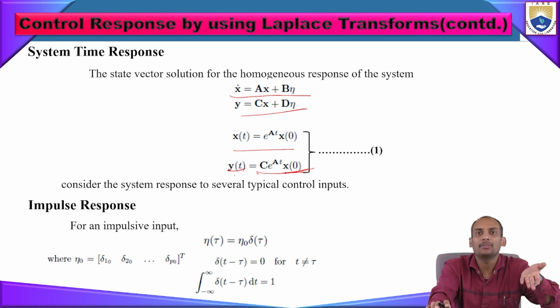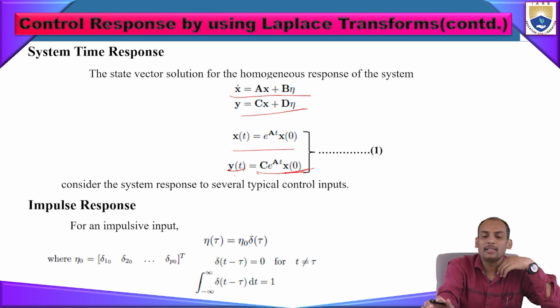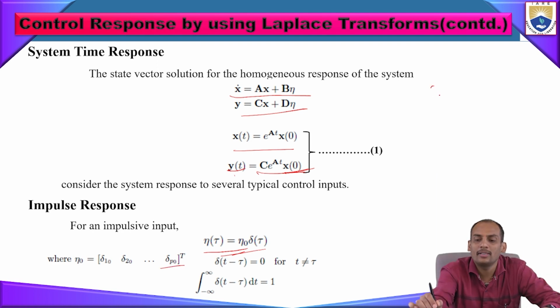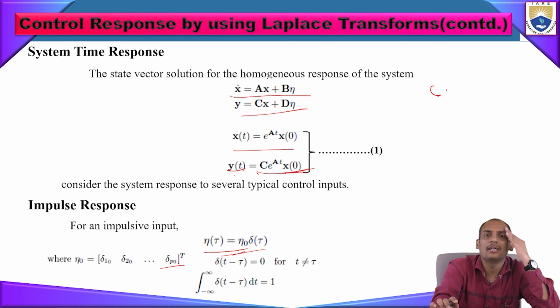Like the impulse response, for the same thing, you can take eta of t, which we can write as eta naught into delta of t. Here eta naught we can write in terms of delta 1, delta 2, delta 3, up to delta p, transposed. These are all deflections of inputs, and those values we can write in matrix form.